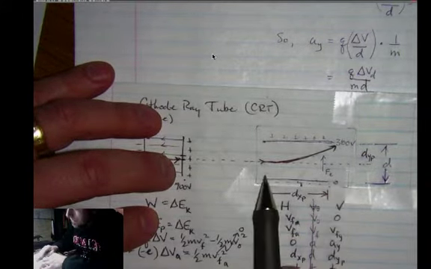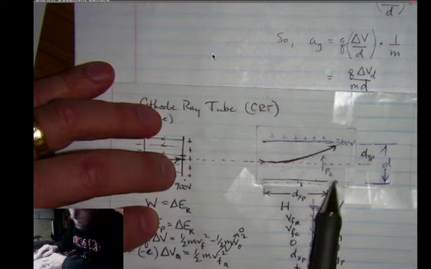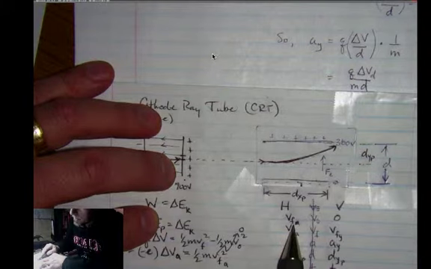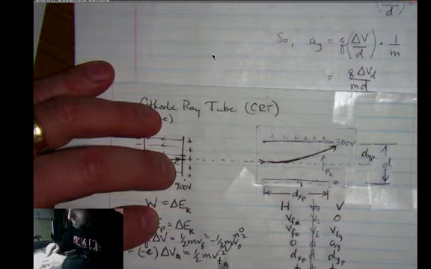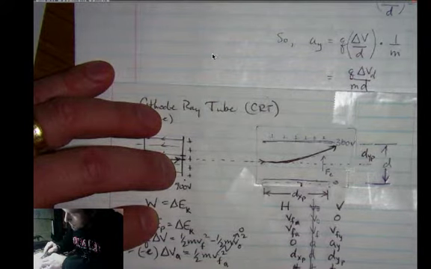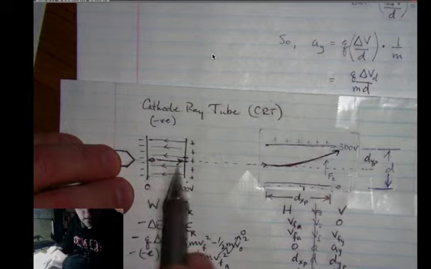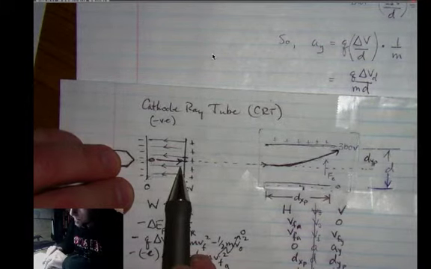And that value is obviously dependent on how quickly the electron's going when it enters those plates. This value is right here. So now we find out the time further is dependent upon how quickly we accelerate the electron.